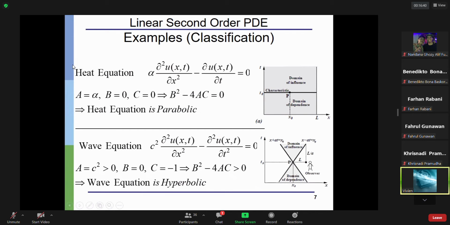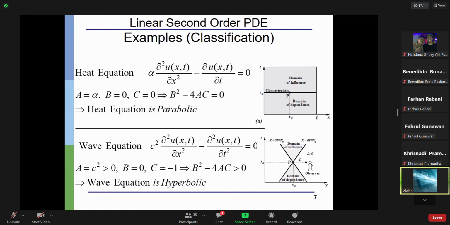For example, we have 1D heat conduction, or unsteady one-dimensional heat conduction in a rod. We can write it down as alpha, which is the heat conduction coefficient, times the second derivative of u in x direction, minus the unsteady term, which is del u over del t, the first derivative in time, equals 0.